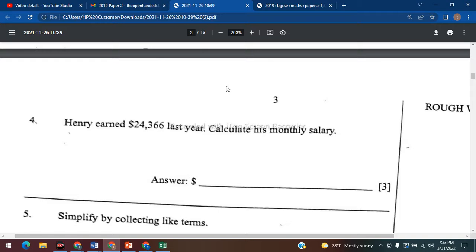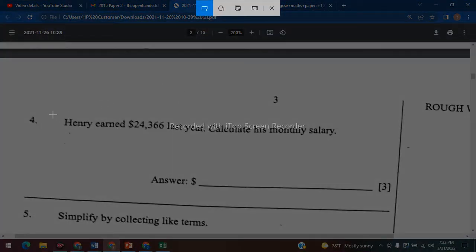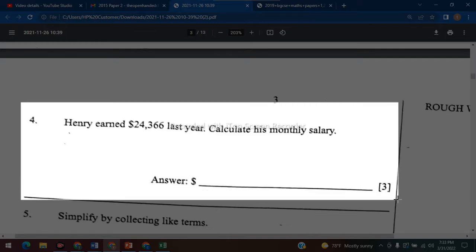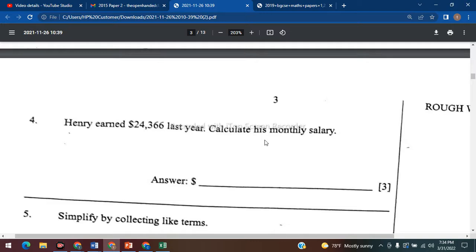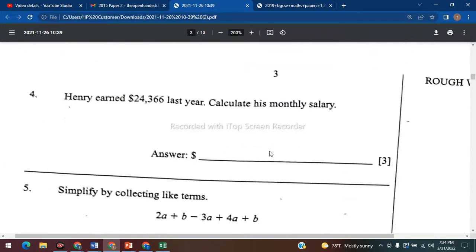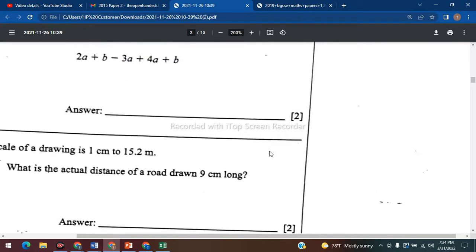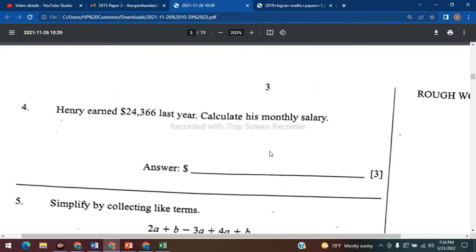Just gotta push through. Okay, so Henry earned $24,366. Calculate his monthly income. Divided by 12. Yeah, divide that amount by 12. But they say calculate his monthly income. I don't understand why that's for 3 points. Let's see if there's any catch to it.